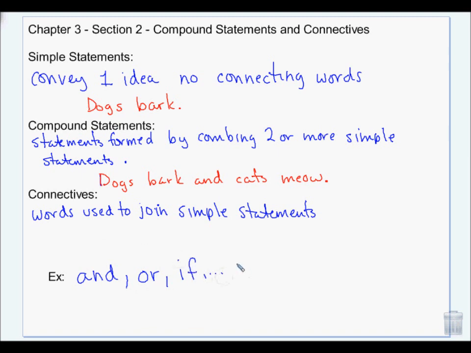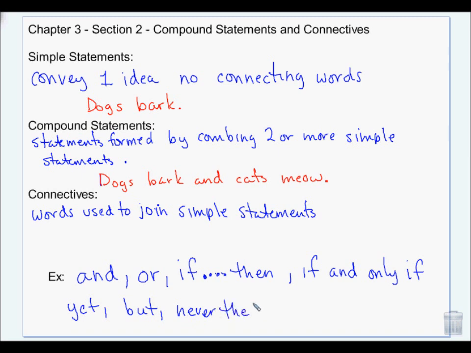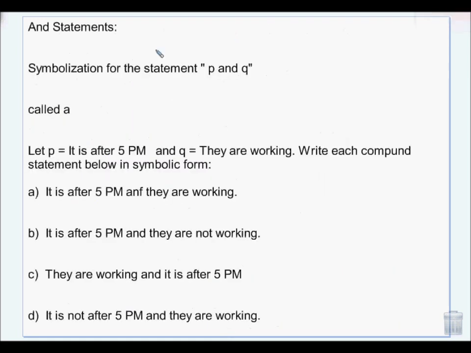So it'll be if you study, then you'll do better on the test. Like, there's words in between the if and the then. There's also if and only if. Okay. Yet, but, nevertheless. Words that are synonymous with and.